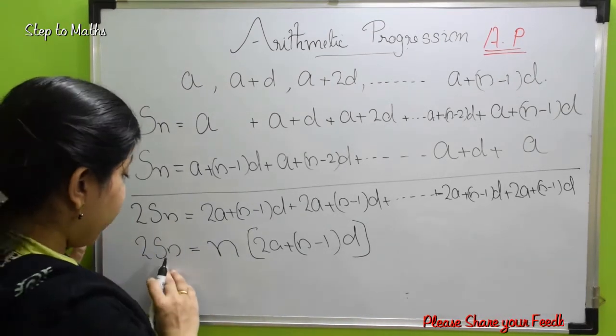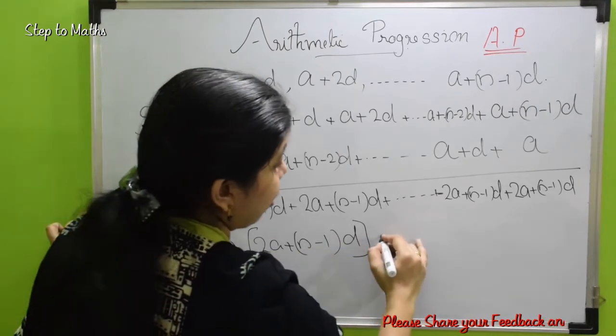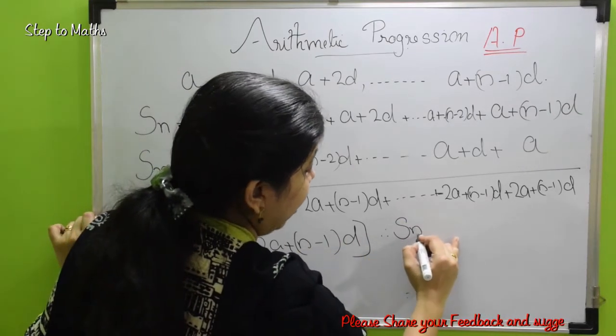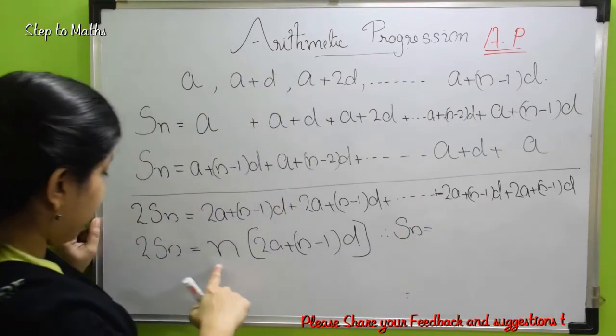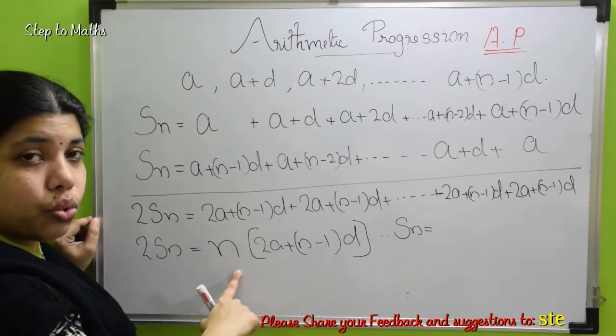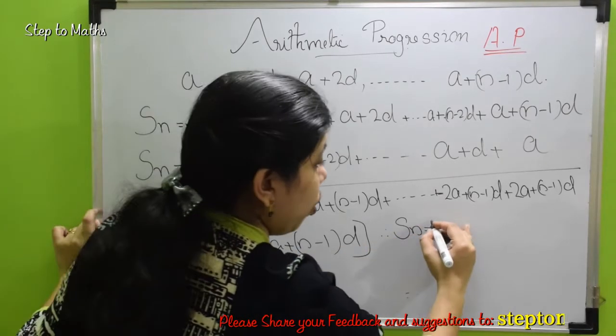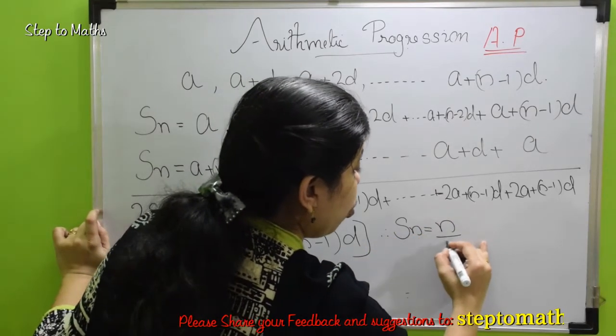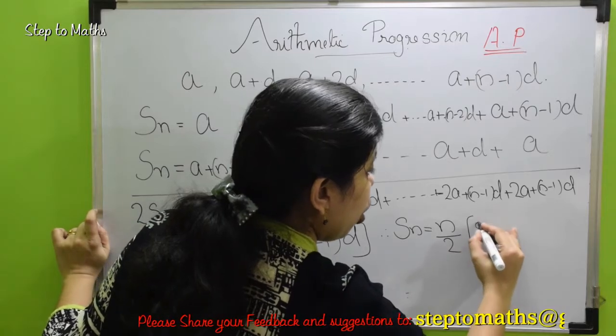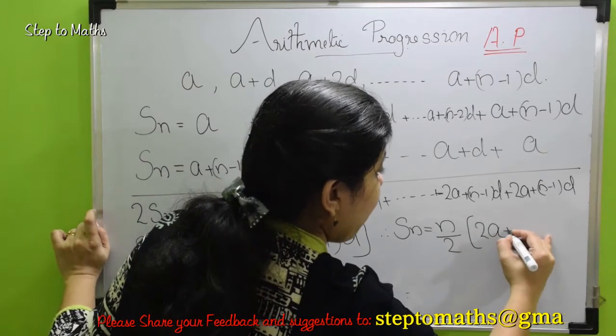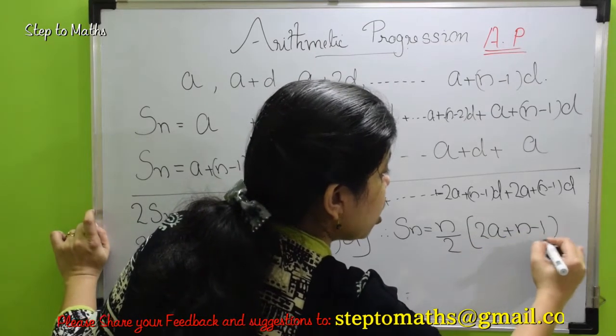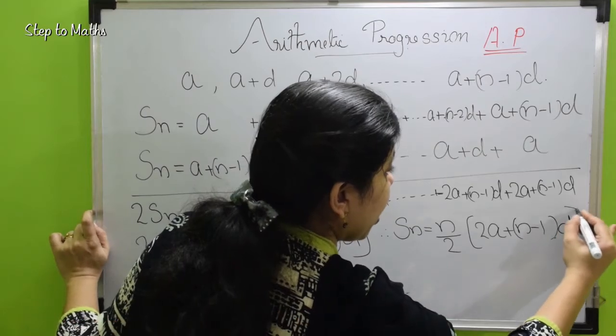Therefore, we can write the value of Sn as, the 2 on the right hand side moves to the bottom, n upon 2 into 2a plus n minus 1 into d.